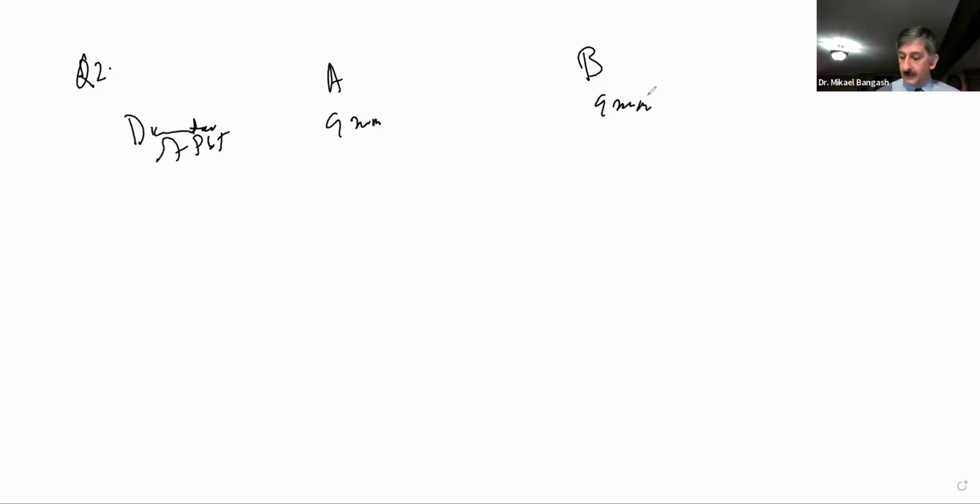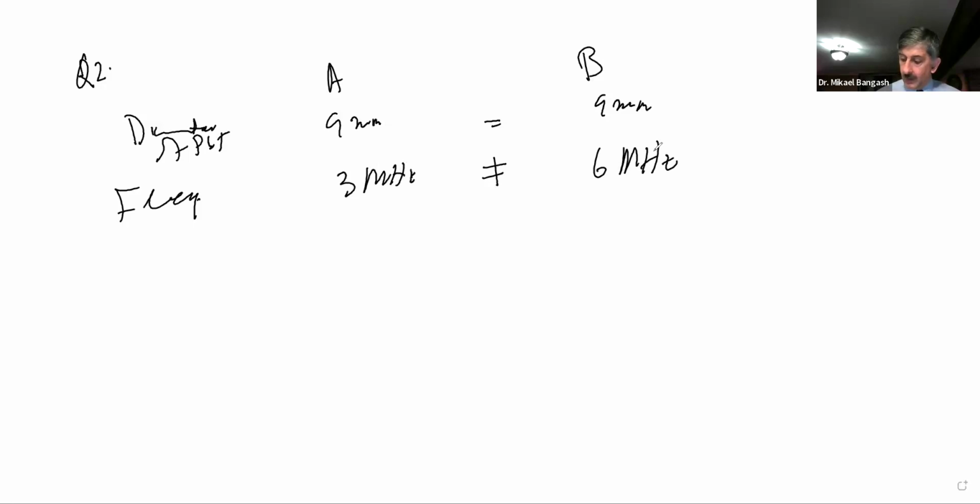So a pair of 9 millimeter probes are identical except for the frequency. So the diameter is equal, and the thing which is not going to be the same is the frequency, which is respectively 3 megahertz and 6 megahertz.